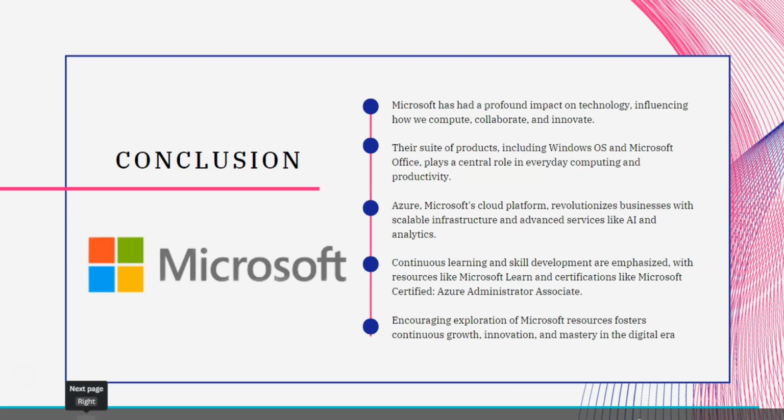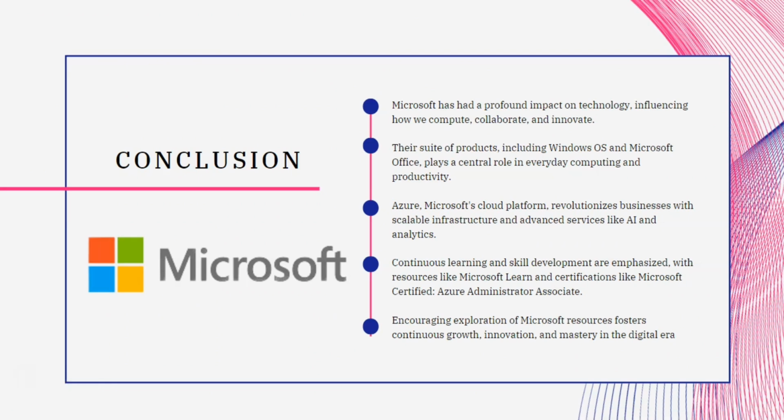They have products, the Microsoft Office and the operating system. Also, remember, we keep saying this: continuous learning and skill development are important for everything tech and even everything in life, because this is what will help you to stay ahead of the curve. We encourage you to explore Microsoft's resources to foster growth, innovation, and mastery.